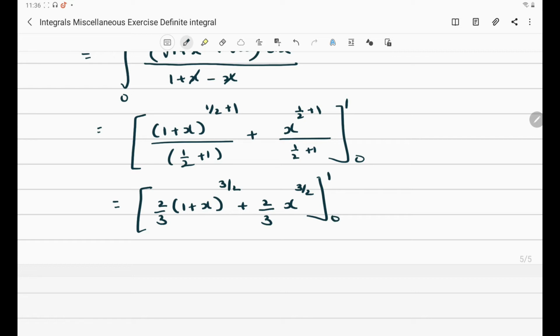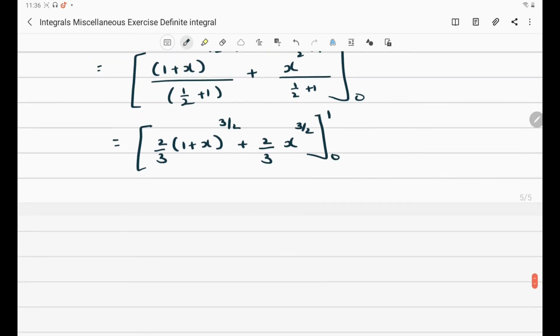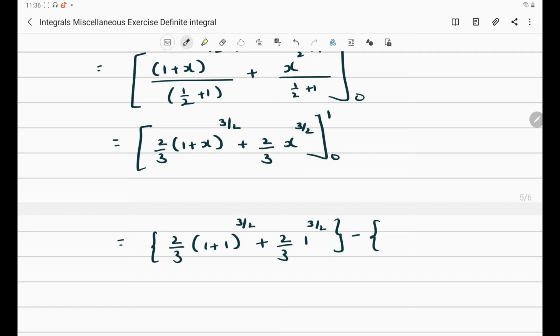Now, on substituting the upper limit followed by the lower limit and subtracting one from the other, we get 2 by 3 into 1 plus 1 whole to the power of 3 by 2 plus 2 by 3 into 1 to the power of 3 by 2, minus, on substituting 0 we get 2 by 3 into 1 plus 0 is 1 to the power of 3 by 2 plus 2 by 3 into 0 to the power of 3 by 2 is 0.